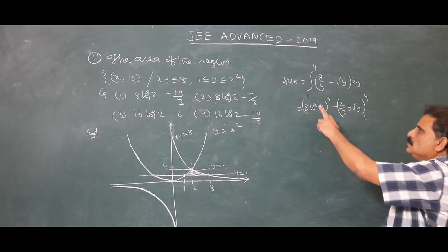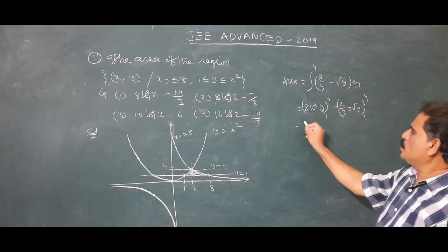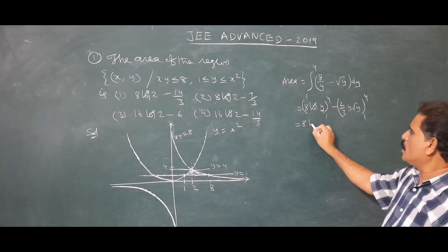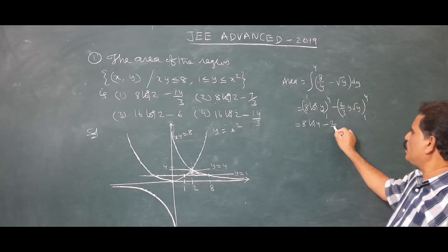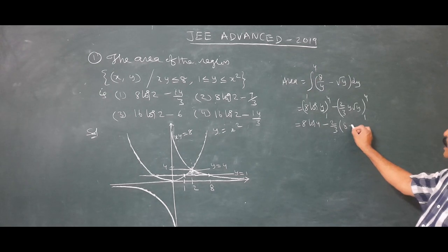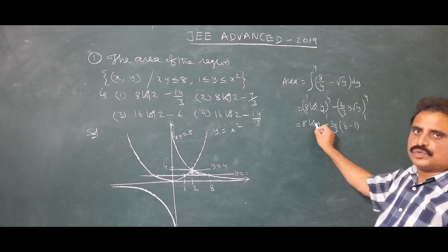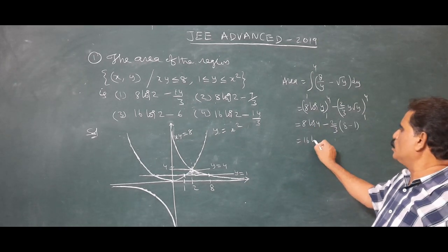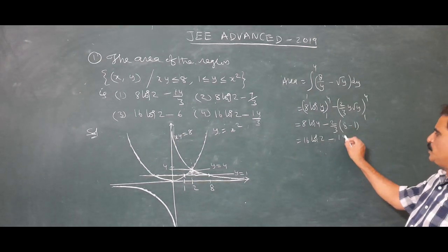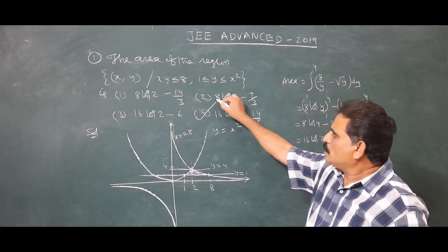Now 8 log 4 minus log 1, which is 0, so 8 log 4, minus 2/3 into (8 minus 1), that becomes 7. 4 can be written as 2², so that is 16 log 2 minus 14/3. So 16 log 2 minus 14/3, that option is the right answer.